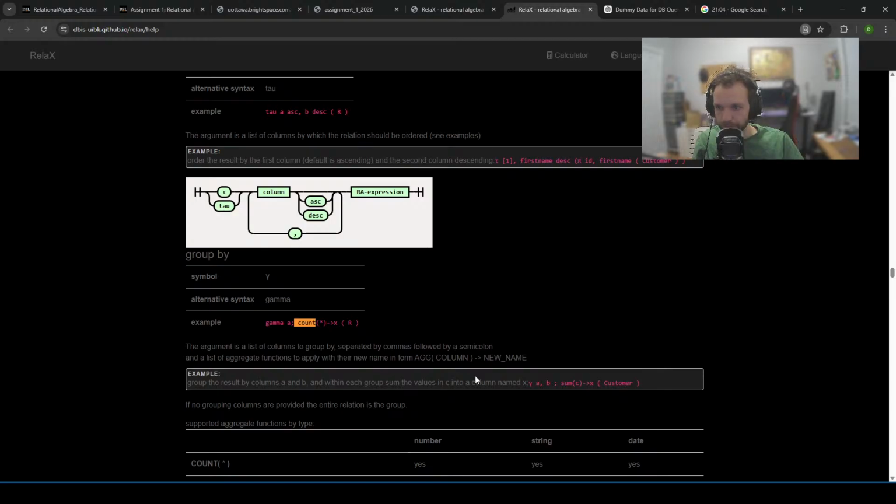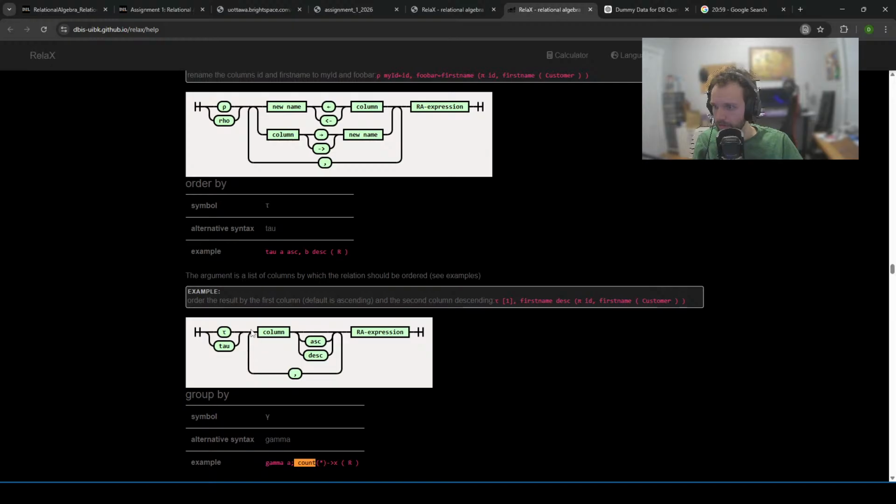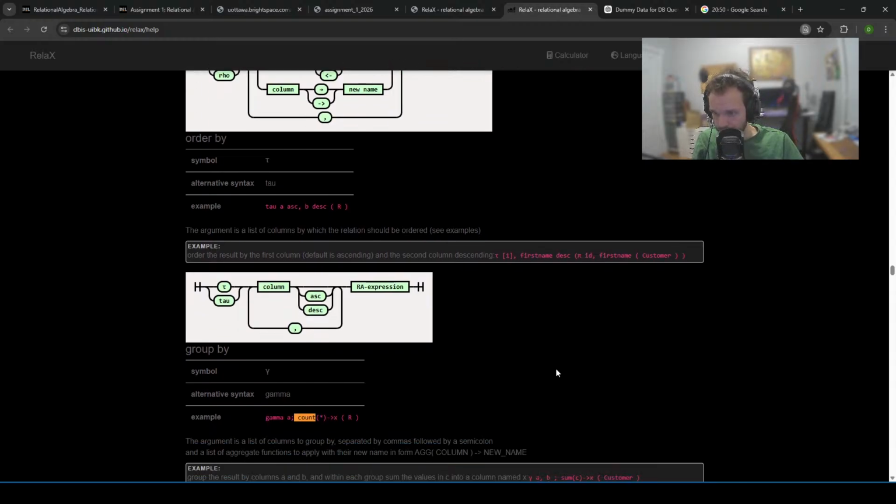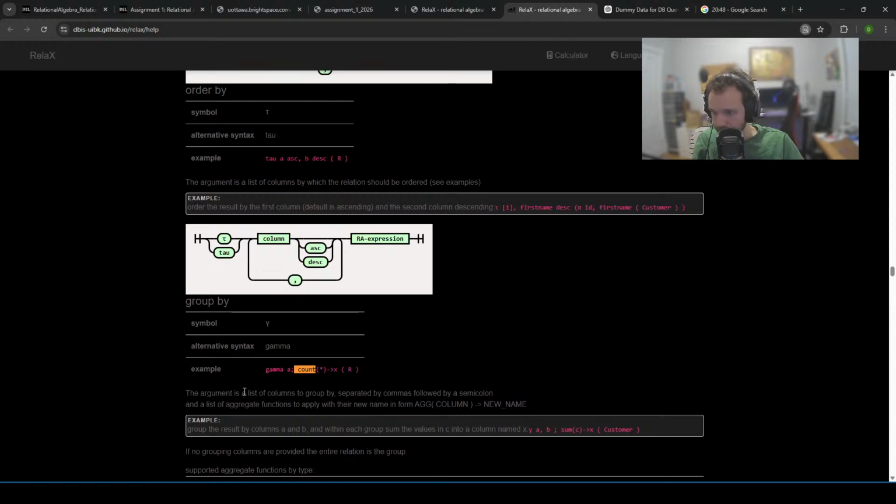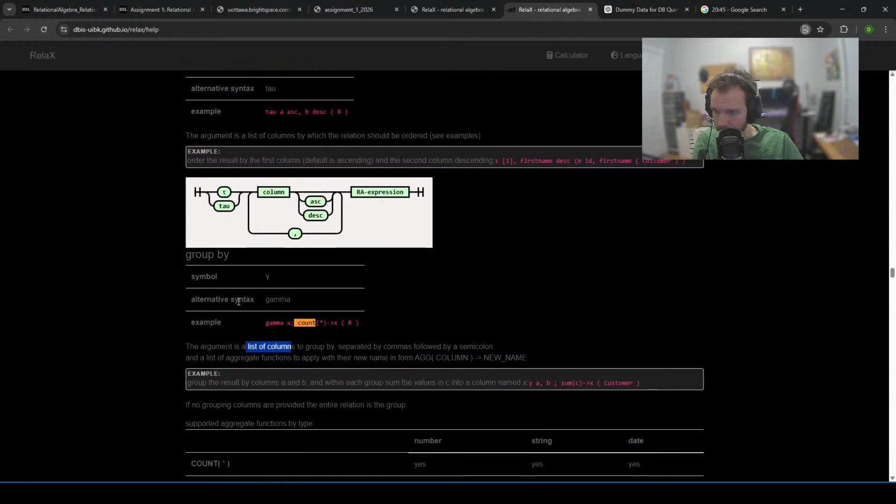So it would be gamma, group by. Order by, alternative symbol, tau. The argument is a list of columns by which the relation should be ordered. Okay. The argument is a list of columns to group by, separated by commas, followed by a semicolon, and a list of aggregate functions to apply with their new names.